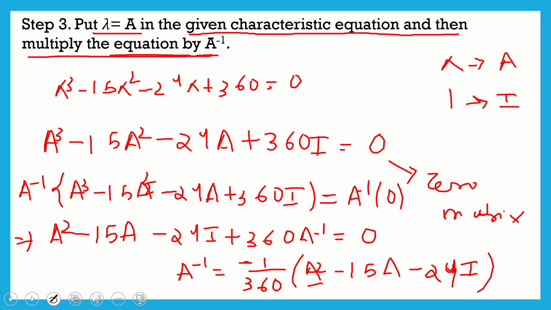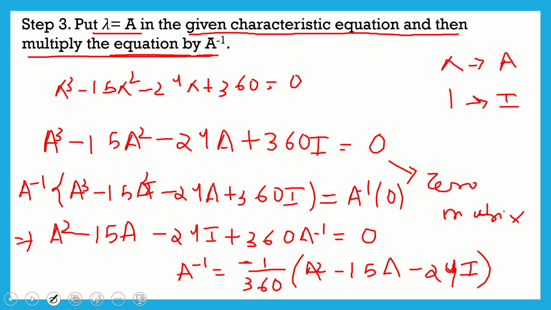So see, if you observe here, if we know A square, if we know A, if we know I, then this is just an addition and subtraction part. If you know these three things, then you will get the value of A inverse. The question asked to find the A inverse. Do we know A?